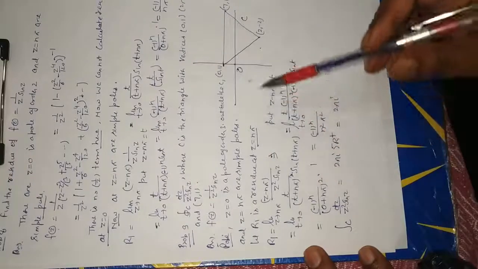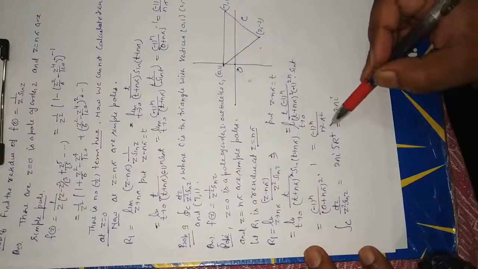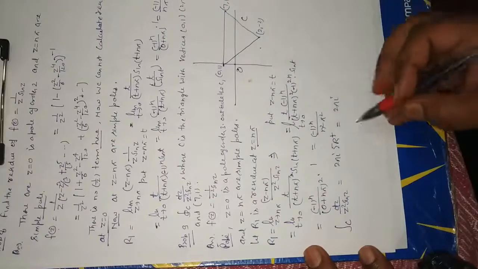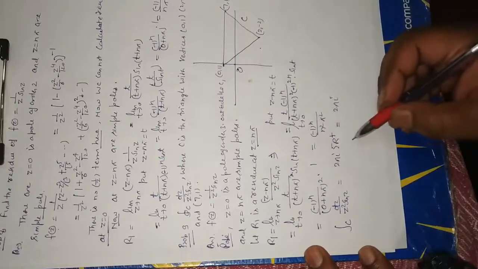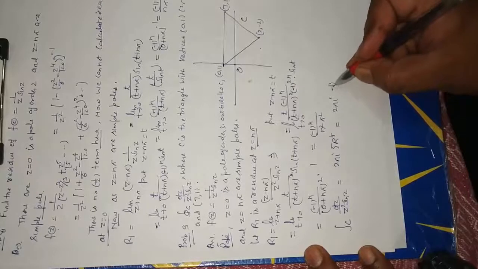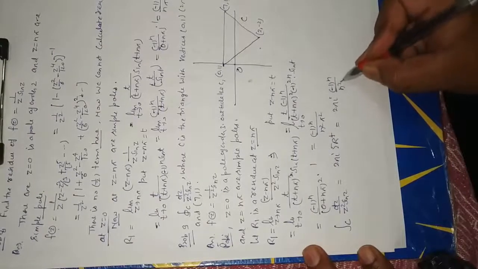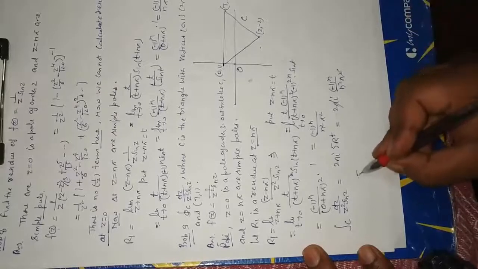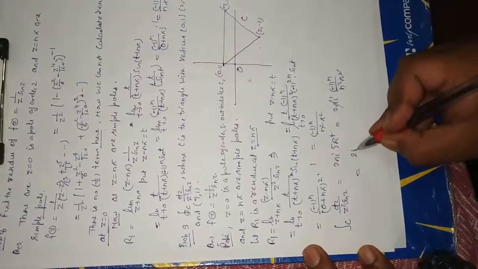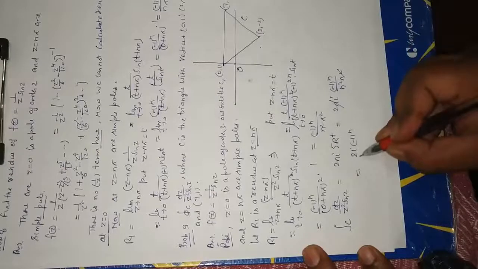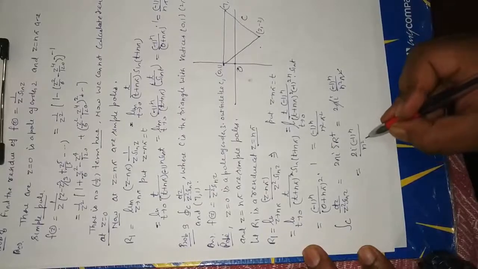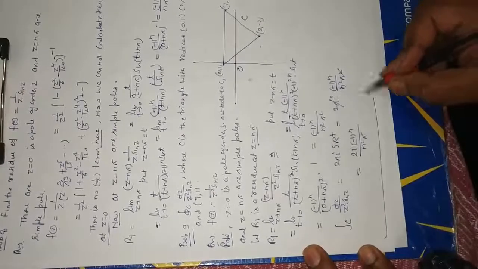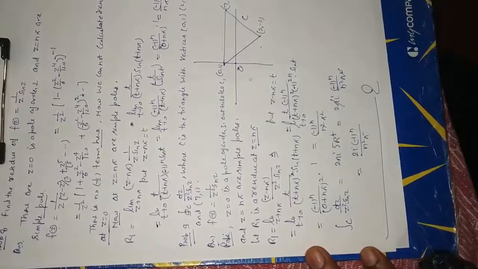The residue at z is equal to n pi is minus 1 to the power n upon n square pi square. Now the value of summation of residues is minus 1 to the power n upon n square pi square. Now one pi is cancelled. This is equal to 2i times minus 1 to the power n upon n square pi. Okay, this is a complete solution.